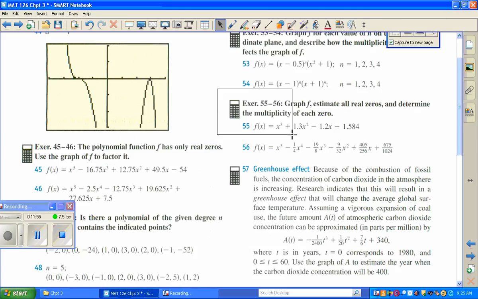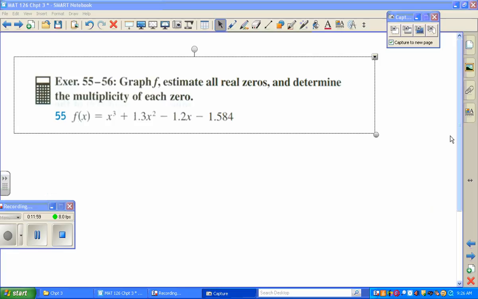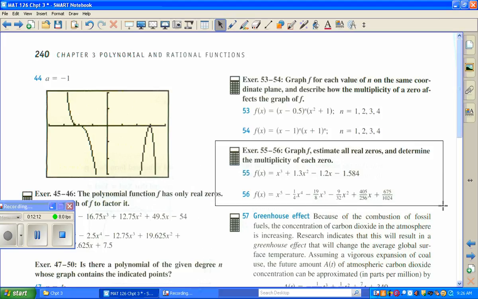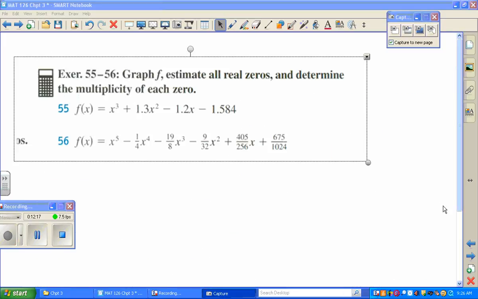I need to know one thing. How did you do on 55? Let's do 50. That's why we didn't have a question. That's why. Let's do number 56. Graph and estimate all the real zeros.